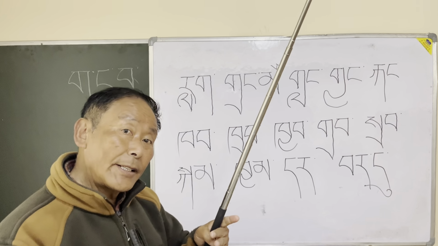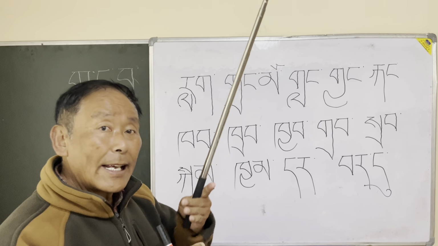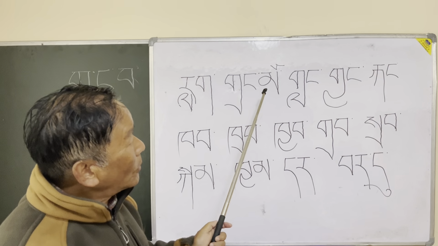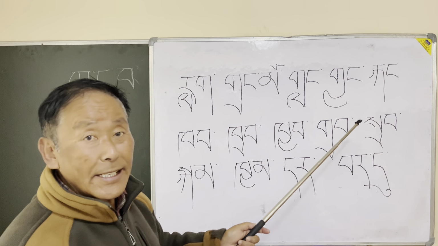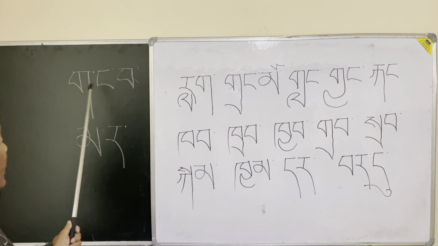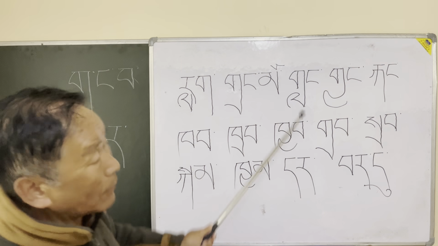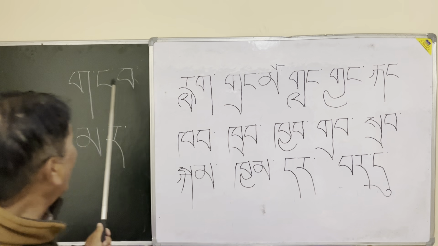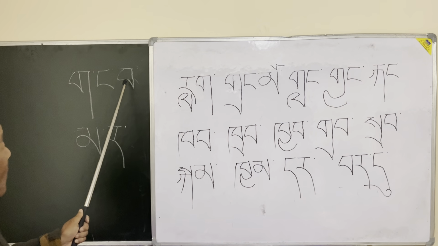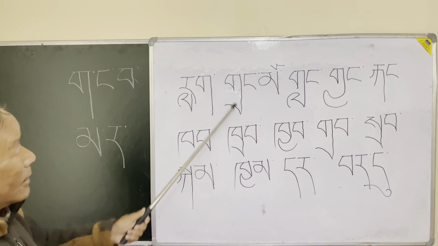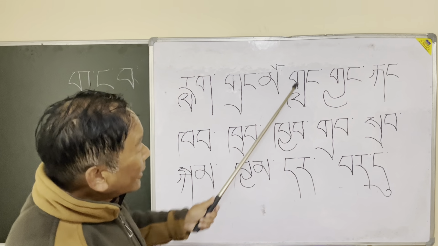If you have been studying from the very beginning, lesson 1, lesson 2, lesson 3, you should find it very easy to learn. I'm adding just the suffixes ga, nga, da, na to what you have learned before. We are adding suffixes ga, na, ba, ma, and all these kayata, karata, garata, galata.